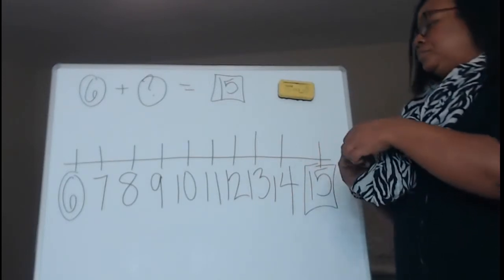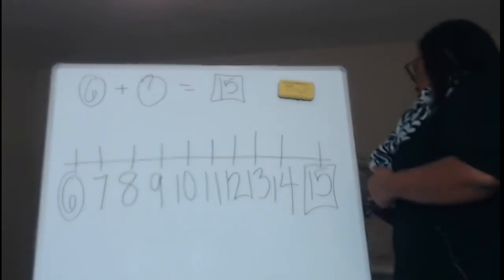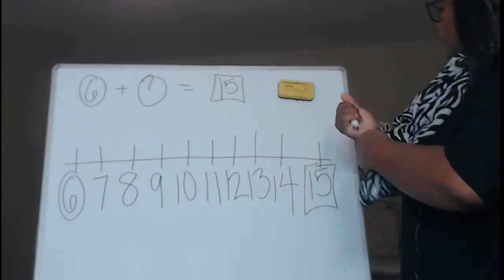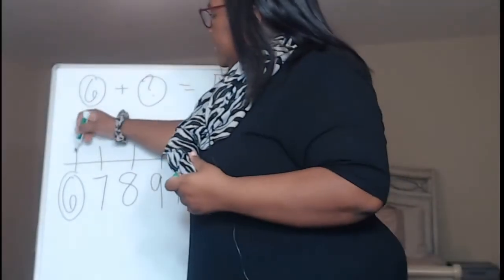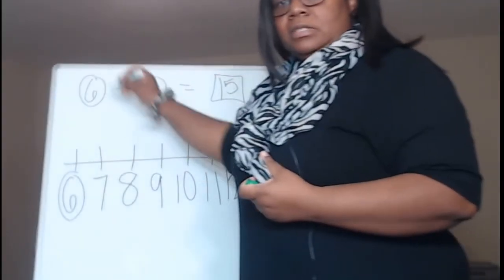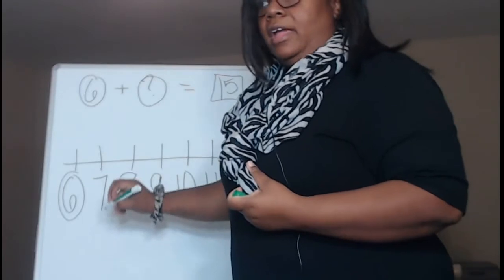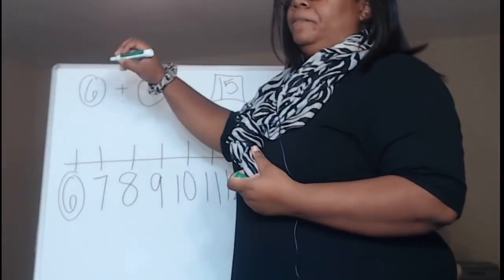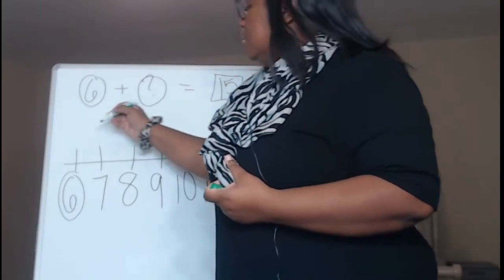So now let's draw the hops. If I start at 6, I'm going to hop to 7. It's going to look like a rainbow, or like the letter N. It's going to look like an arc.